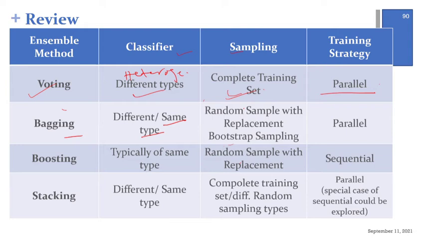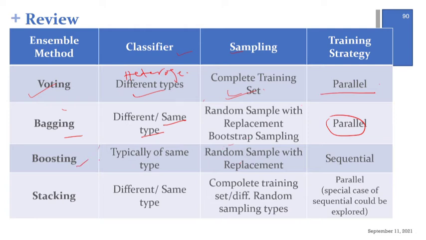Otherwise it has no meaning, because you'll be generating the same model for all. But with random sampling with replacement, you can generate different bootstrap samples for training each. And it is also training in parallel. Any ensemble trained in parallel has the advantage that it is less time consuming. It's not going to consume a lot of time.